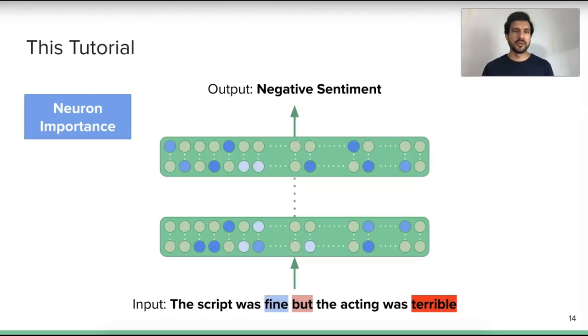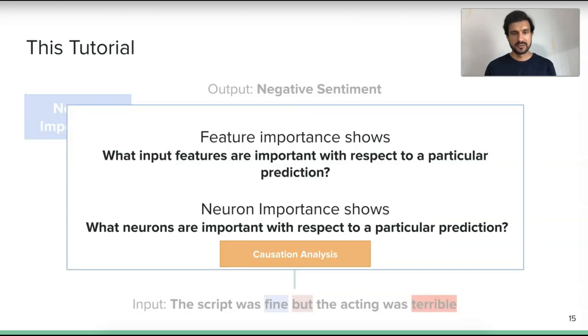While feature importance is effectively highlighting the role of input words towards a prediction, it doesn't tell about the role of neurons in making that particular prediction. So in this tutorial, we will look at the neuron importance with respect to the prediction. In short, what is the role of a neuron in making a particular prediction?